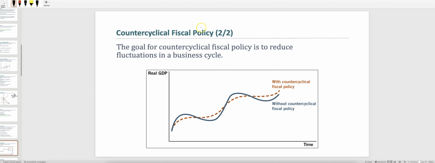We minimize the height of the peaks and the low point of the trough. We make it a bit more consistent, at least in its growth.